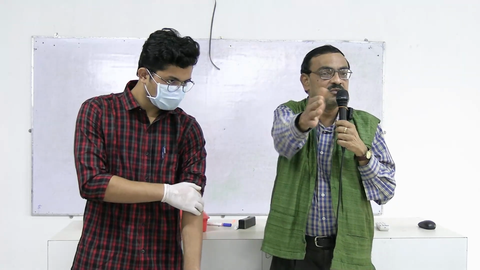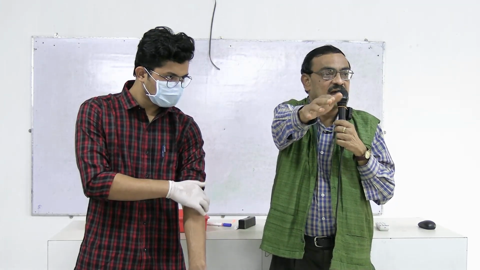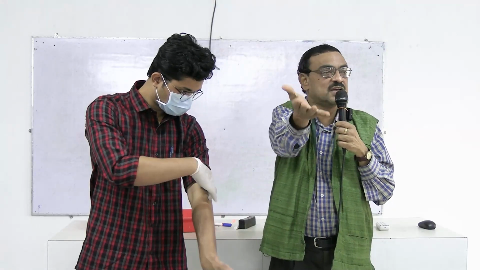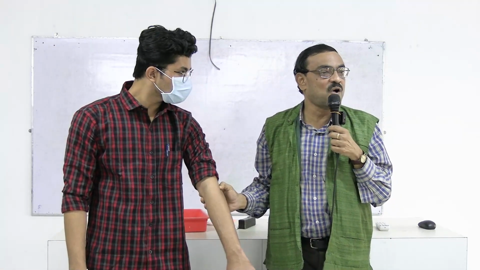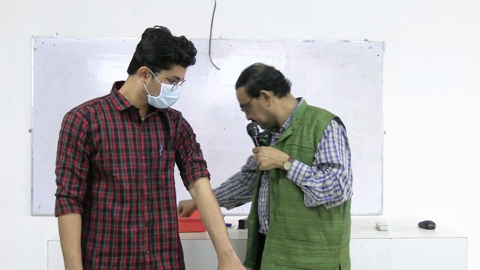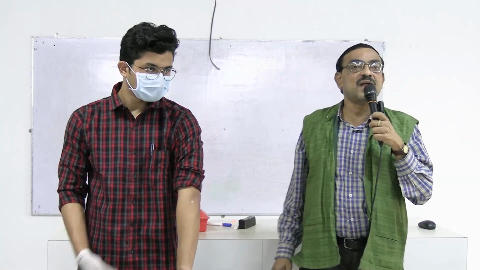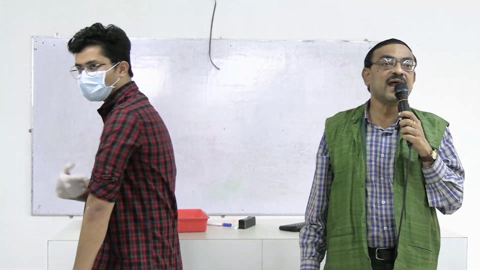Interestingly, when we pronate and supinate, the head of the radius rotates. And we can put a point here. So that becomes the head of the radius.